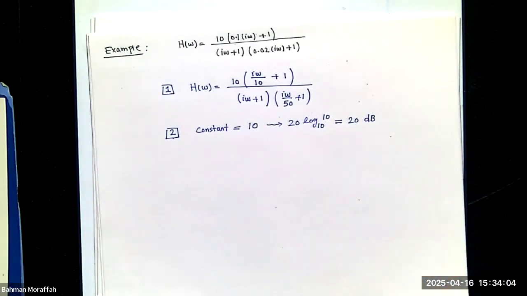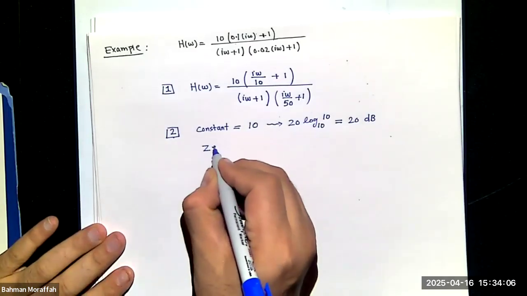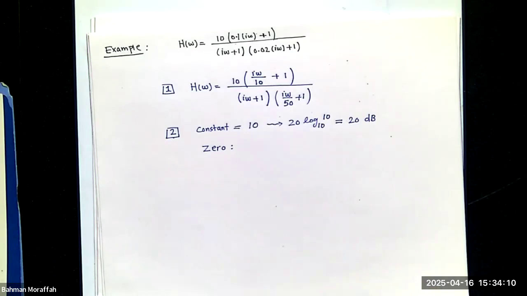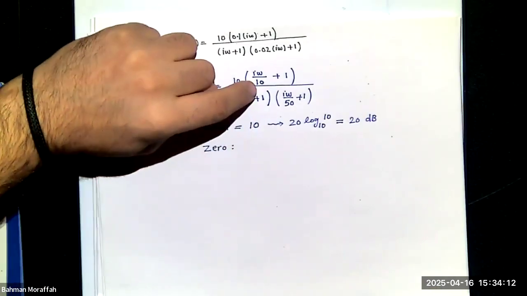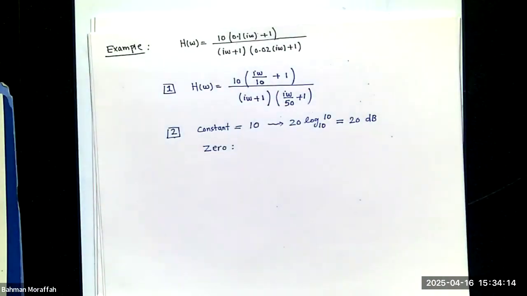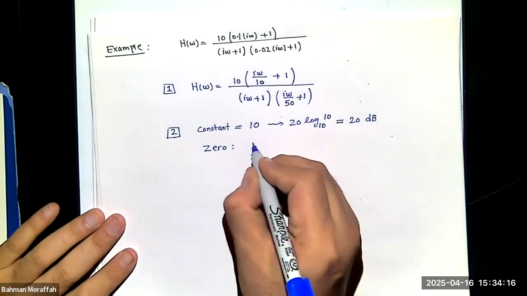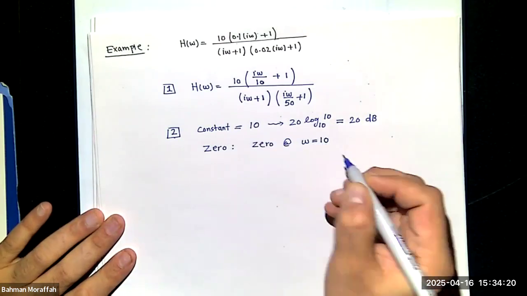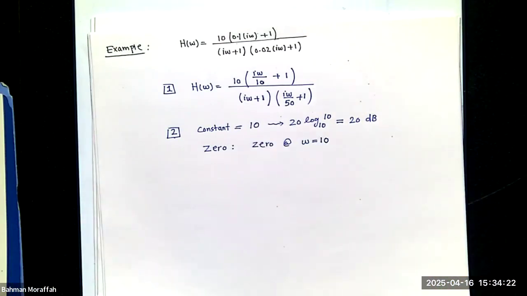Right? Now let's just look at our zeros and poles. Where is my 0? Well, I know this number down here represents my 0. So I know I have a 0 at omega equals 10. What kind of 0 is this? It's just a simple 0, right? Simple 0 of order 1. So that's a simple 0.